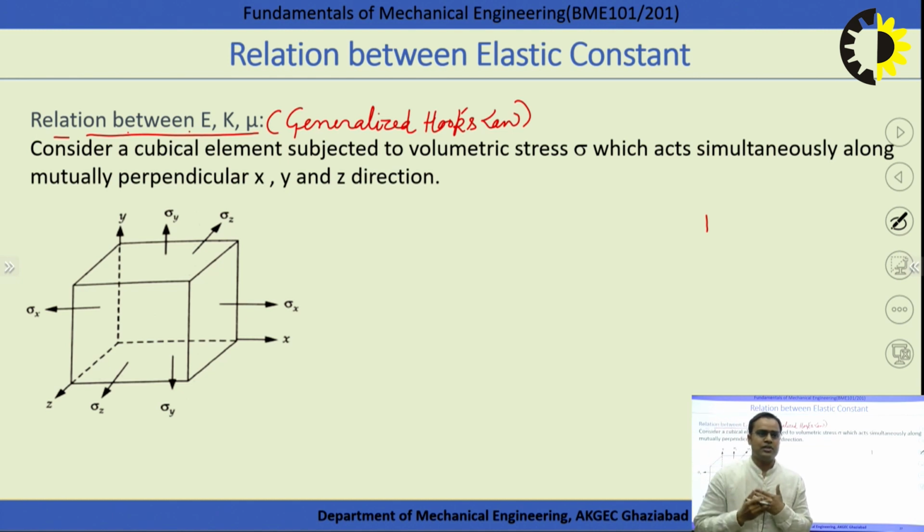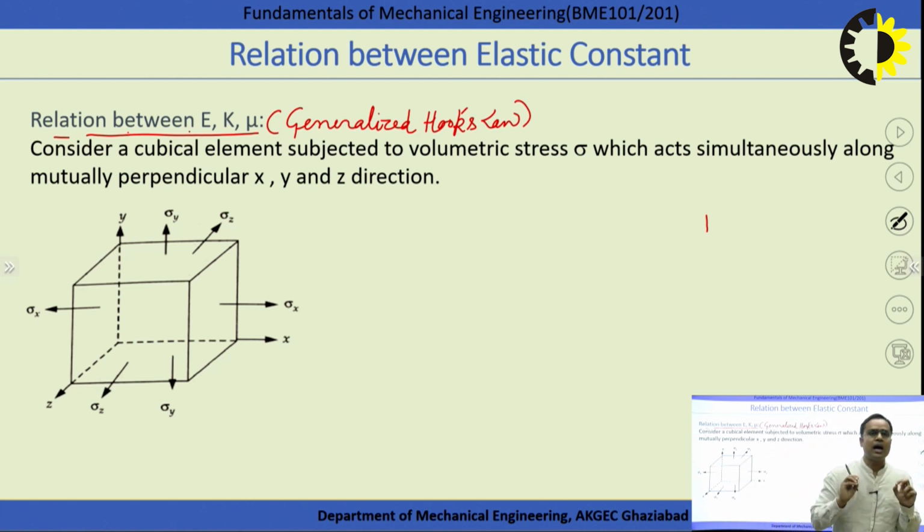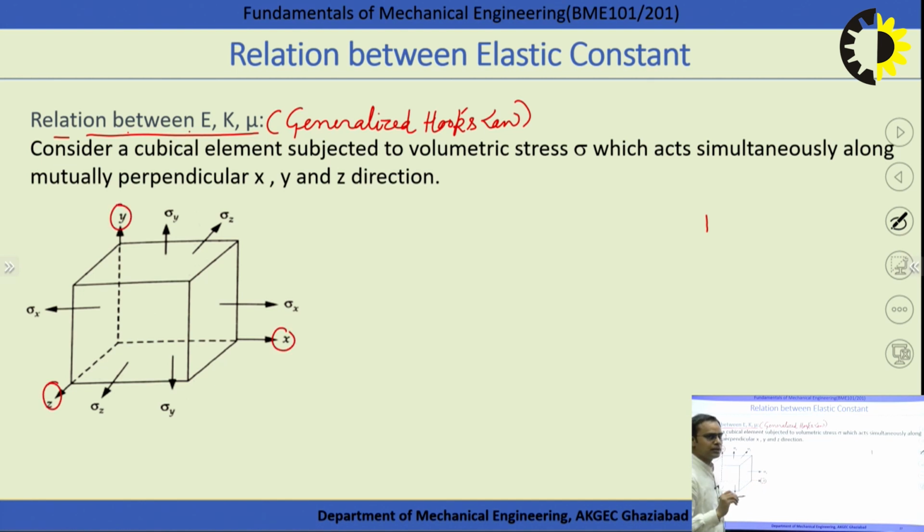To derive this relation we are considering a cubical element, subjected to a hydrostatic state of stress, or you can say the volumetric state of stress, or spherical state of stress. I am considering a cubical block with coordinate system x, y, z, and in all three directions it is subjected to stresses: sigma x in x direction, sigma y in y direction, sigma z in z direction.